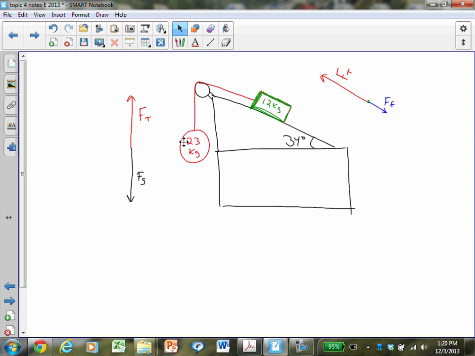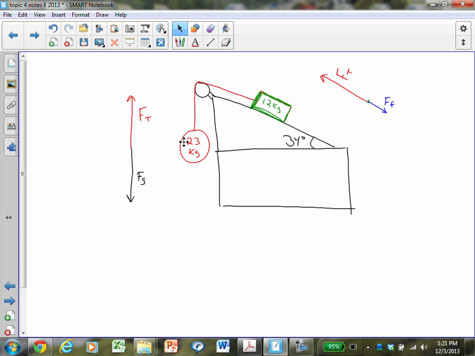There's another force. But if you took friction and the component of gravity in the plane, F parallel, right? F parallel plus the friction, since it's in equilibrium, must equal the tension. And that's what we're getting to.